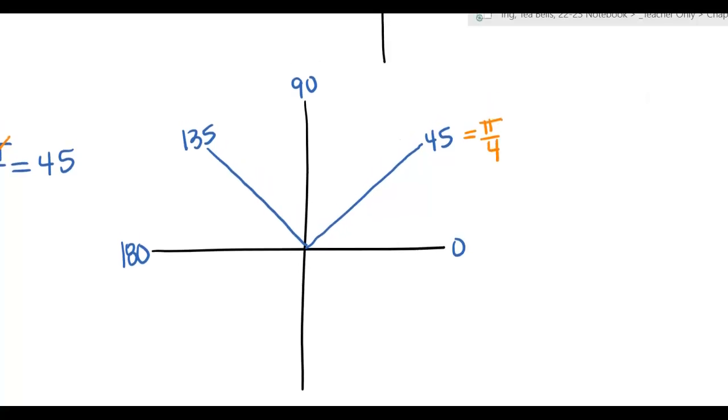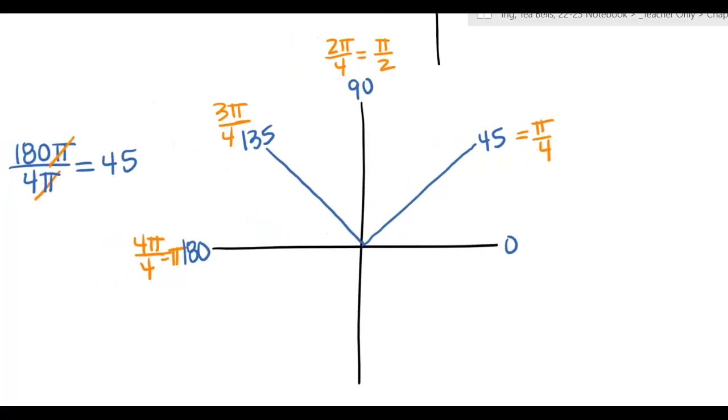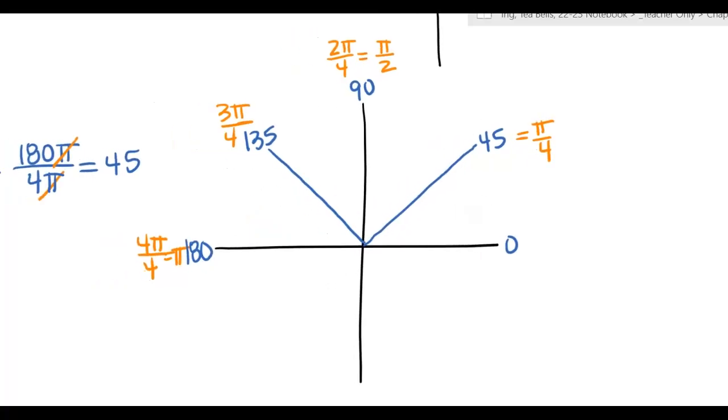Since this is going to be 4 parts, we can think of 90 as 2 pi over 4, which still simplifies to pi over 2. This would be 3 pi over 4, which does not simplify for us. And then 180 would be a full 4 pi over 4, which we already know is pi.